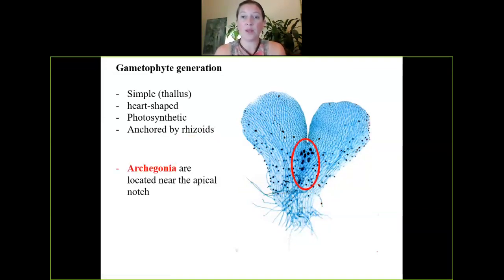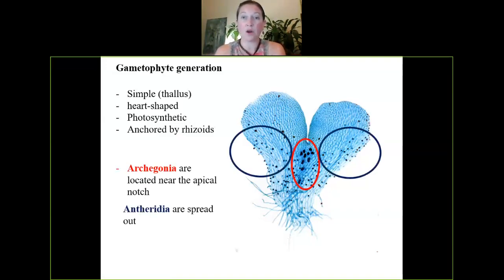As we learned last time, there are two sex organs on gametophyte plants. There's archegonia, which bear eggs, which stay inside of the archegonium, and there's antheridia, which make sperm that swim out and leave to find eggs. And on the fern gametophyte, the archegonia are located near what's called the apical notch.